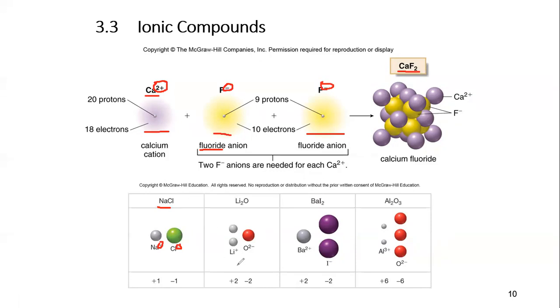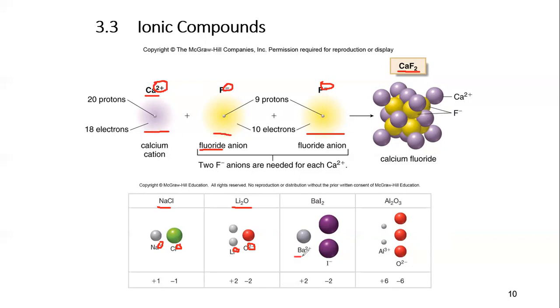Next we have lithium and oxygen. Lithium is a +1, oxygen is a -2, so it takes 2 lithium ions to balance the -2 from oxygen. So that's where we get the formula Li2O. Again, the cation is always listed first, the anion listed second.